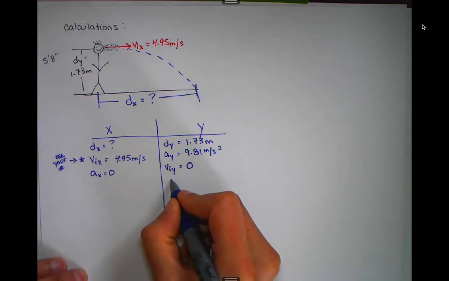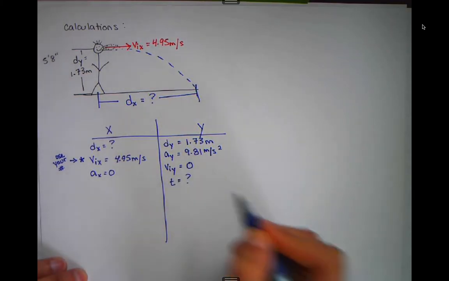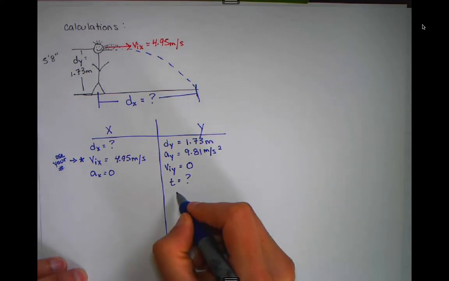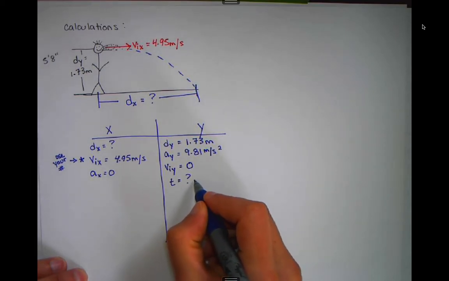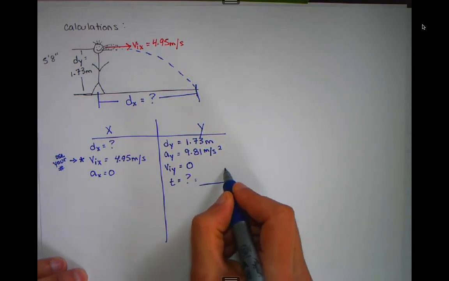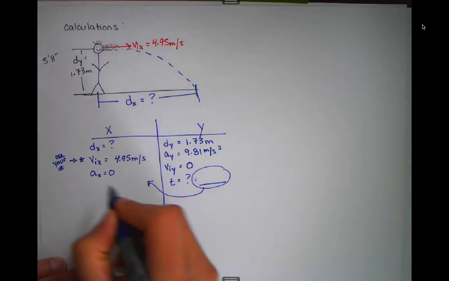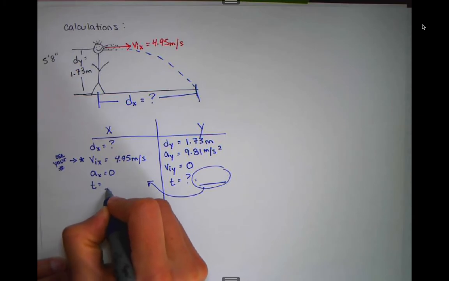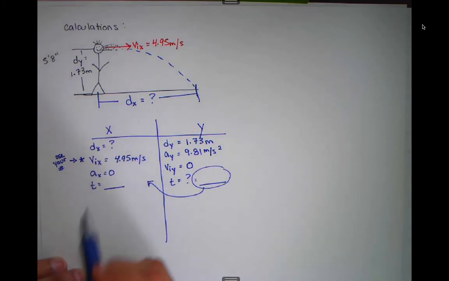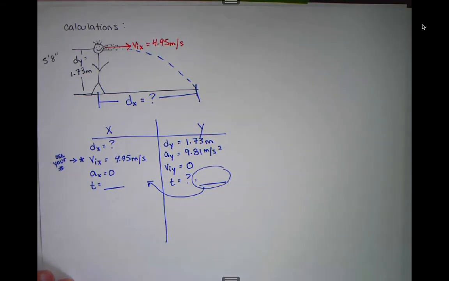So the very first thing you want to do is find the time on the y side. Once you get this time, it's equal to whatever it is. Show your work. Then you're going to bring that over here, whatever that is, and then you can solve for your distance. Okay, so you are going to get a distance in meters, but we need to convert that to feet.